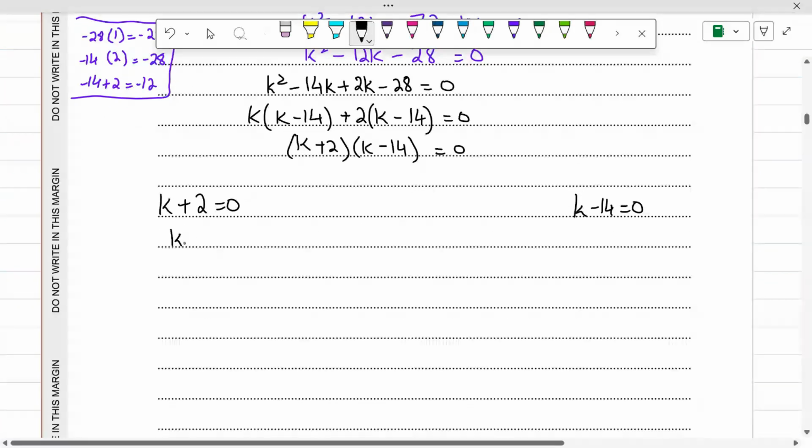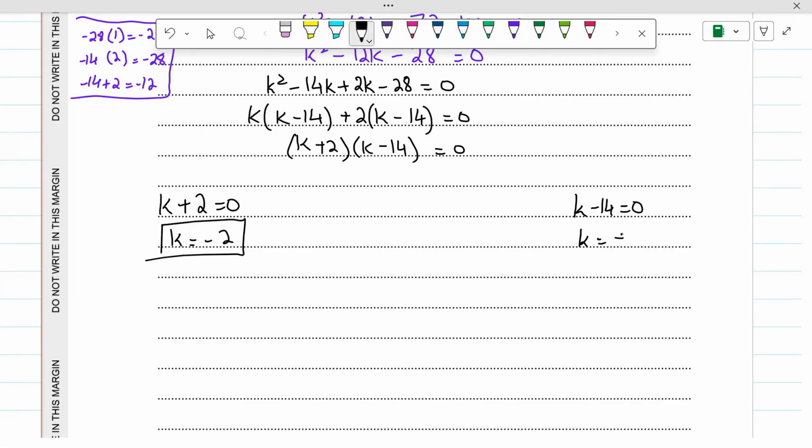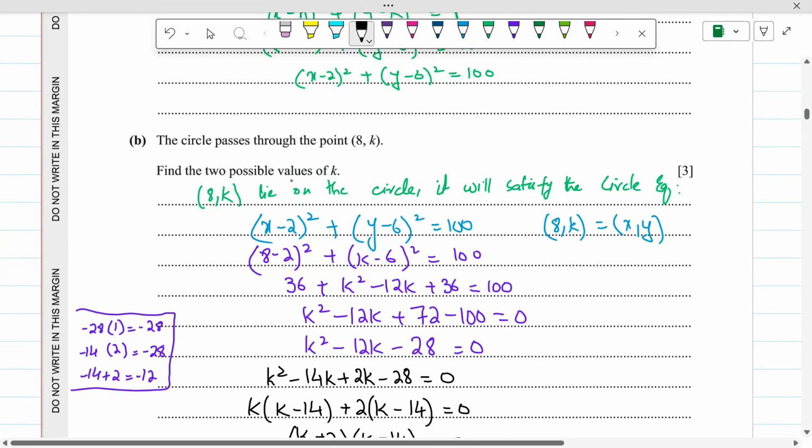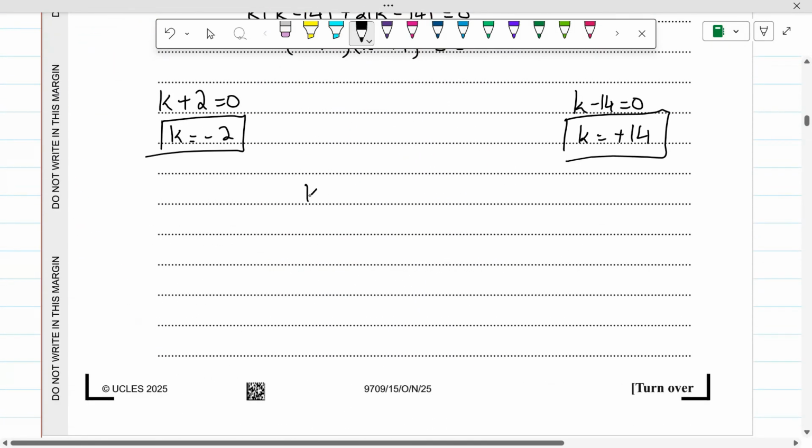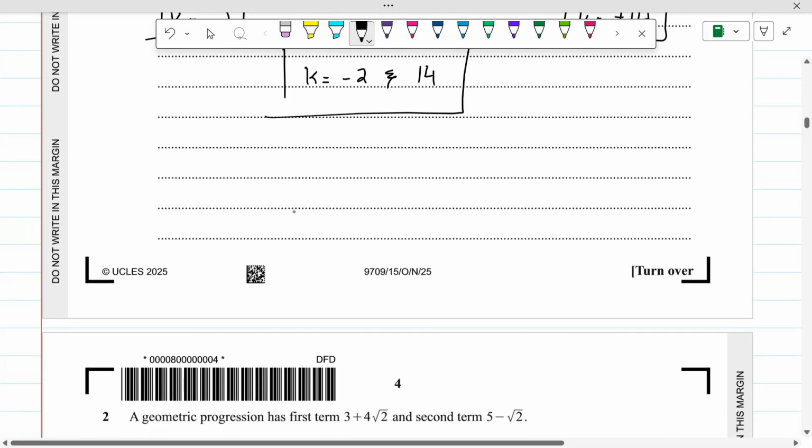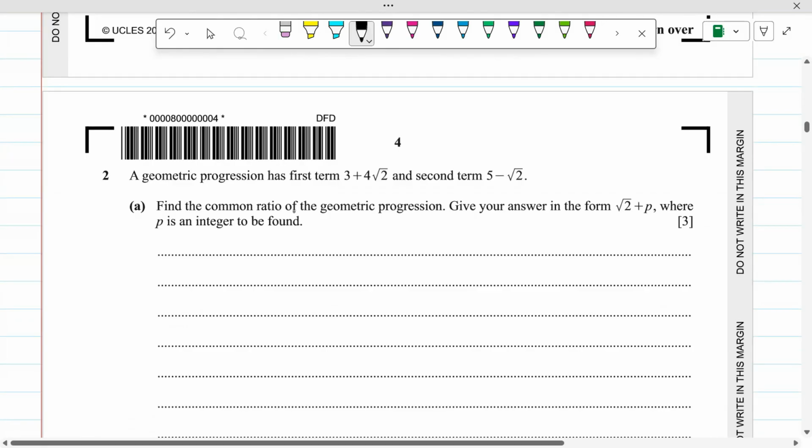In this case, k equals −2, and in this case, k equals positive 14. So we have calculated the two possible values of k, which are −2 and 14. Let's move to question number 2.